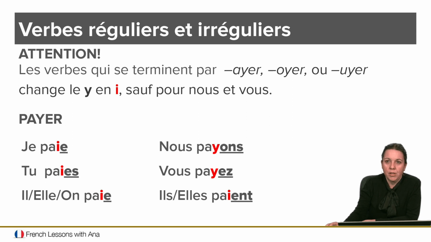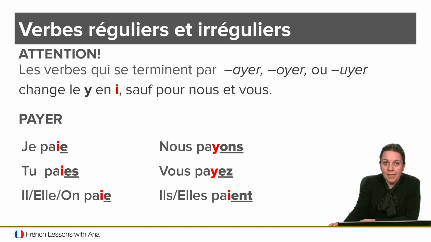And how does it change? Well, change le Y en I, sauf pour nous et vous. What does that mean? It means that you're going to change that Y to an I. It should have an apostrophe here. I left it like this so that you see it individually. Normally, we get rid of that e and put an apostrophe, but I left it like this for you to see that this is what's going to change, okay?